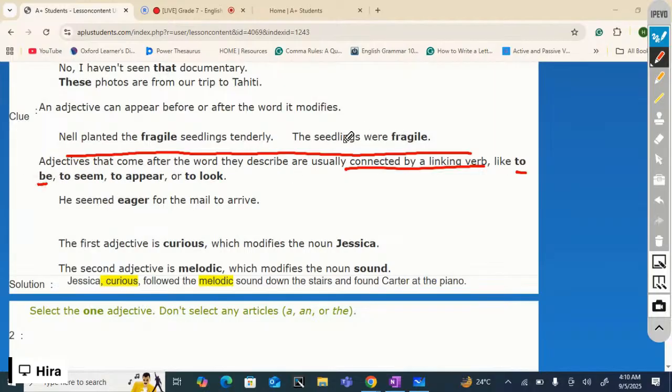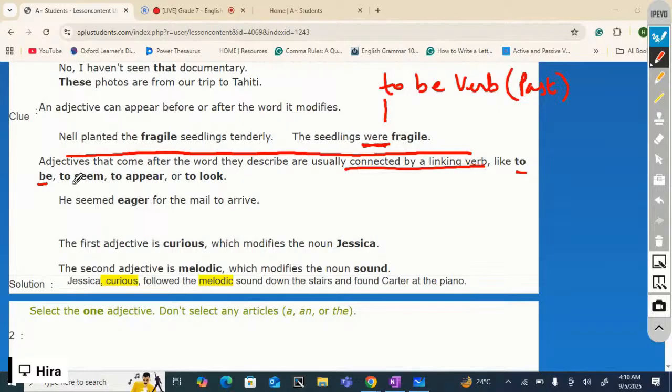This adjective comes after the word it describes. So, the linking verb were is used here. It's a to be verb, or verb to be. Its past tense form is used. Seedlings were fragile.